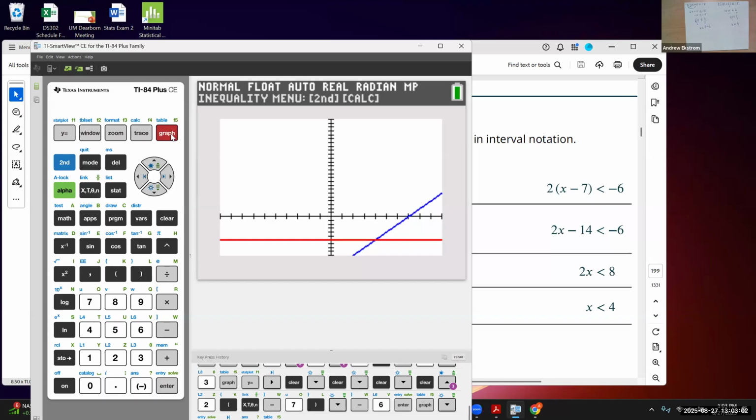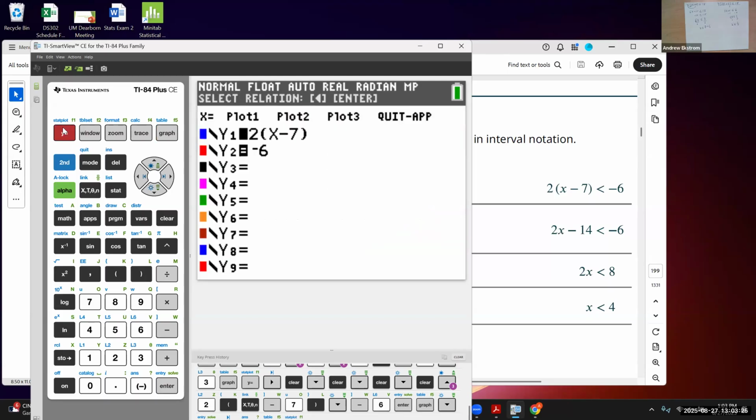And where do these lines seem to cross over? Right around 4, right? What did we get here? 4. So again, if you can learn how to graph these, and if you notice, I didn't do any math. I didn't distribute anything. I just put it in the way it was written.